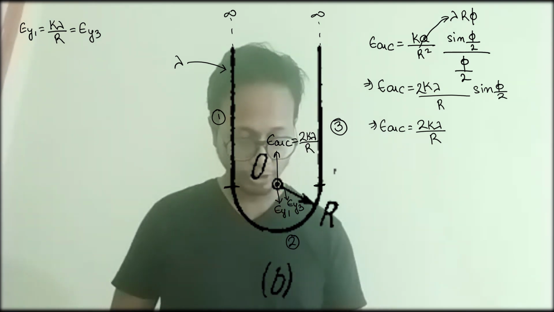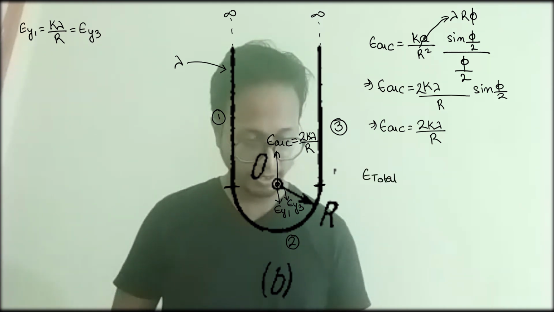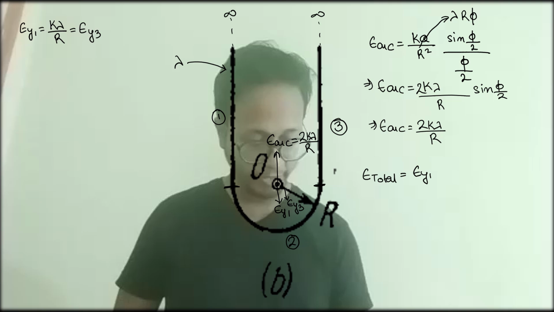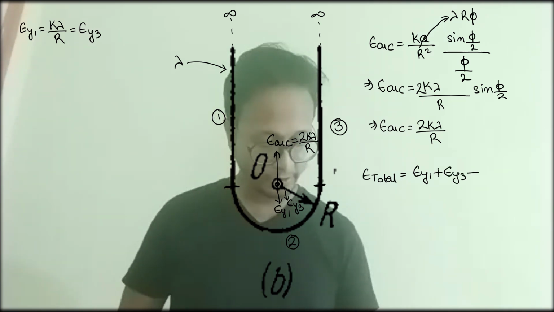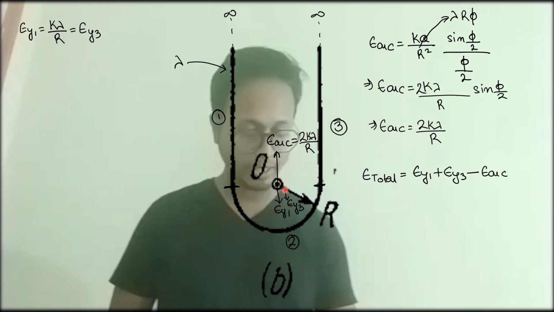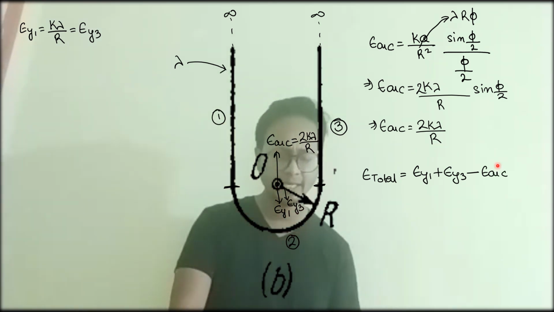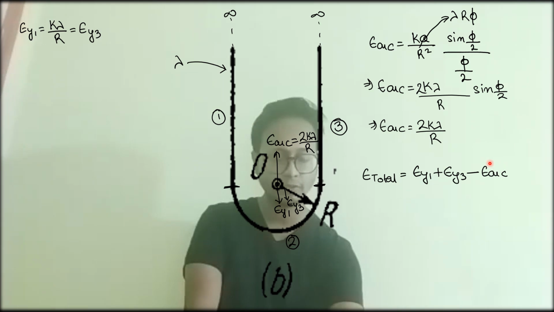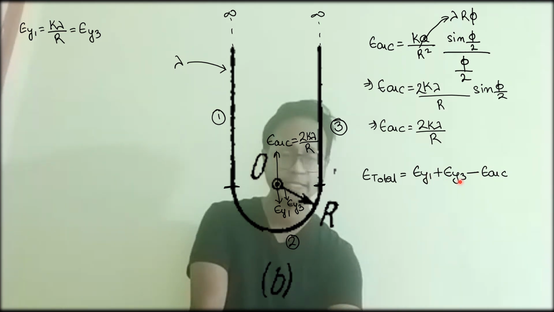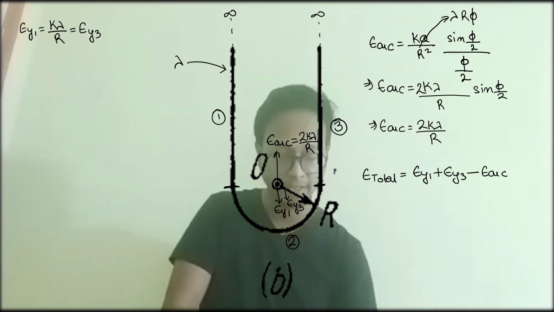What is the downward portion of the electric field? E total is equal to Ey1 vector plus Ey3 vector minus E arc, if I'm considering the downward direction as positive and the upward direction as negative. You can do the opposite also: E arc minus Ey1 minus Ey3. It doesn't make a difference here. You understand why?